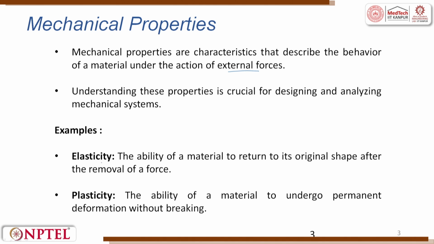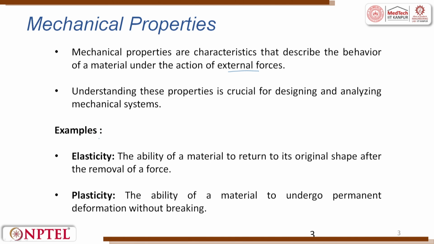So, elasticity and plasticity are two different properties which are exhibited by almost all materials when we do a mechanical testing. Elasticity can be dominant or plasticity can be dominant, or elasticity can be very small and plasticity takes everything.